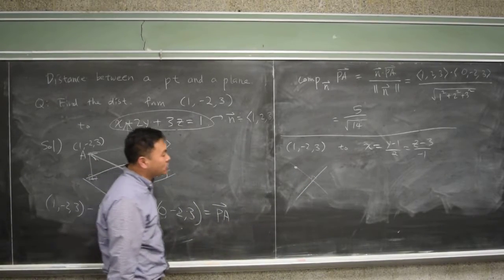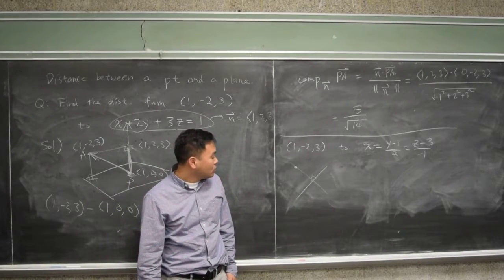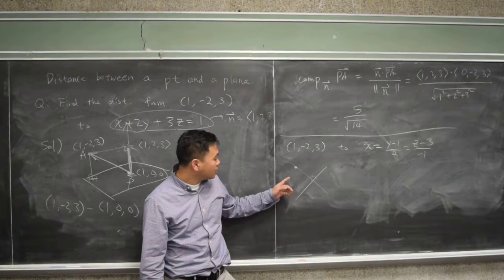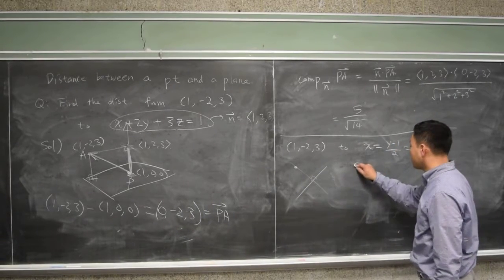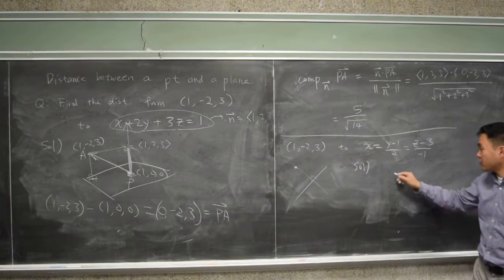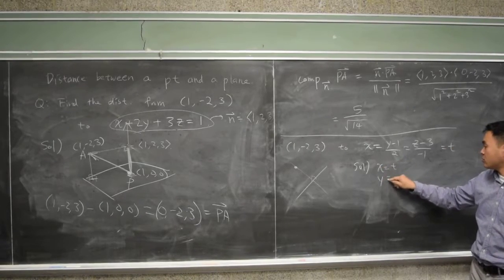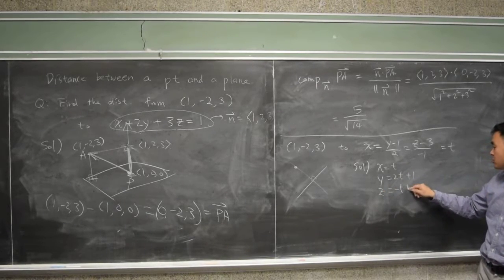Or another way to think about this is you can write this in parametric form. So x is t, y is 2t plus 1, z is negative t plus 3.